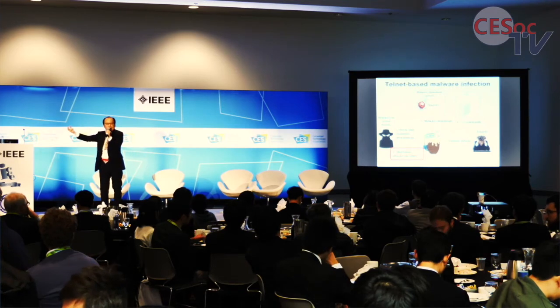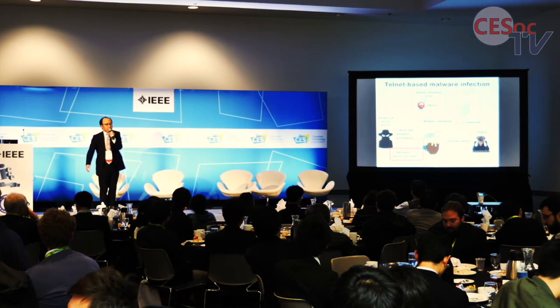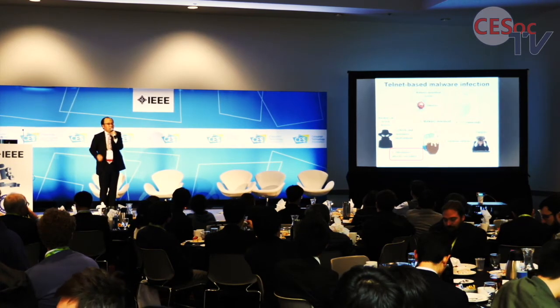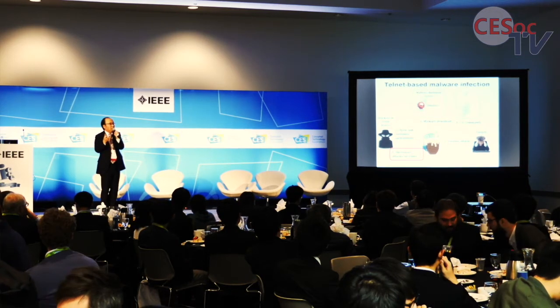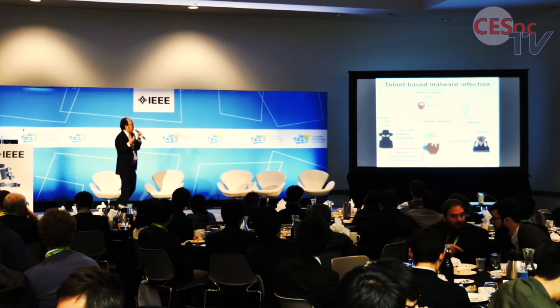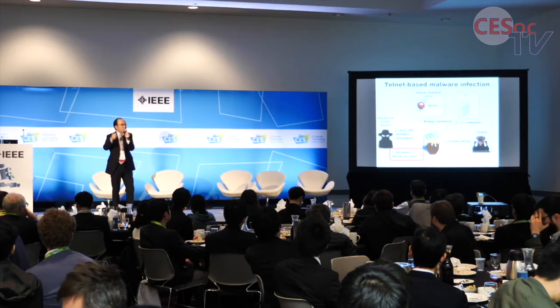There are many C2 servers located all over the world in the case of the attacker, so it's easy to hide the attacking behavior by using different C2 servers. But most of the IoT devices infected by malware first try to connect to a C2 server in order to get commands.